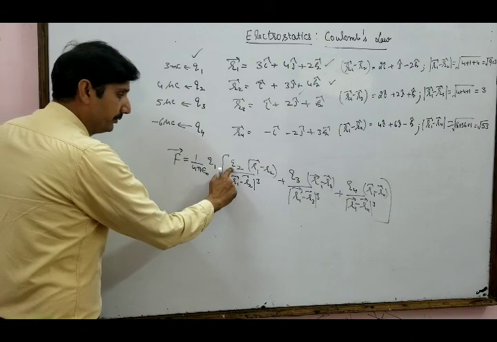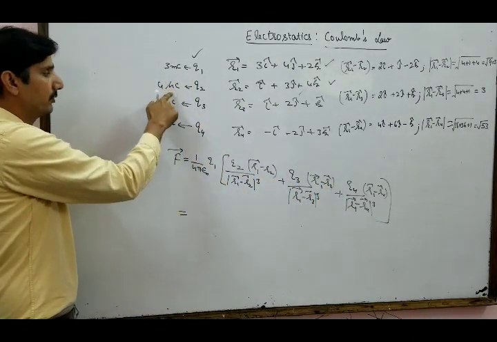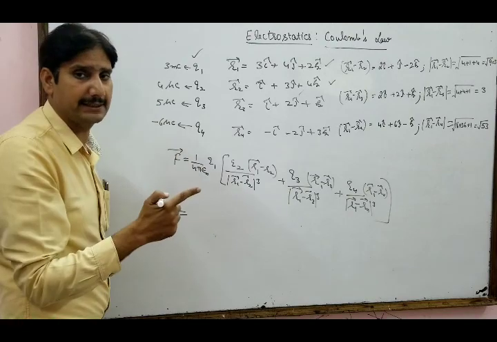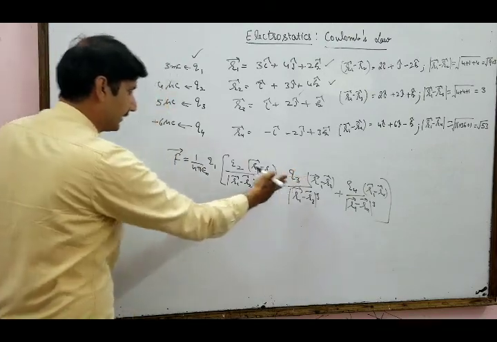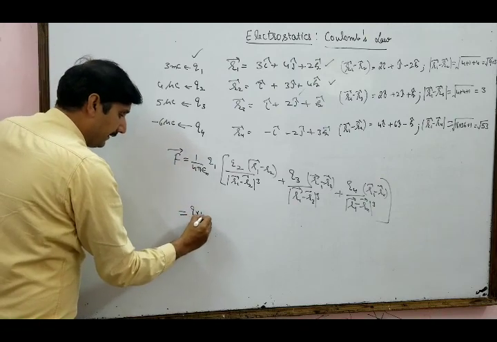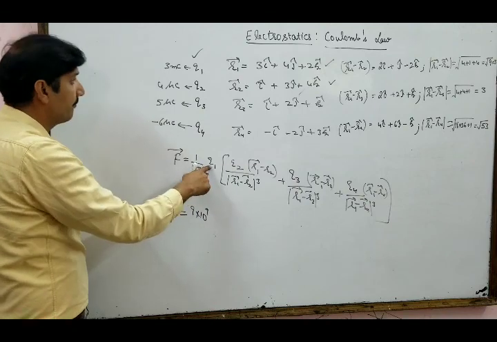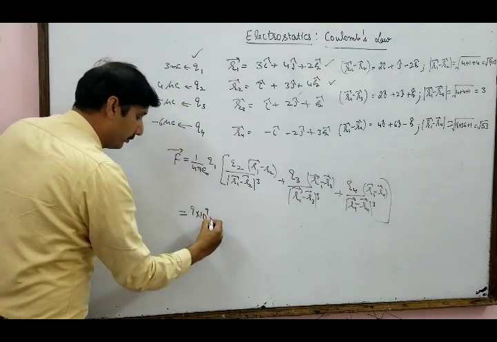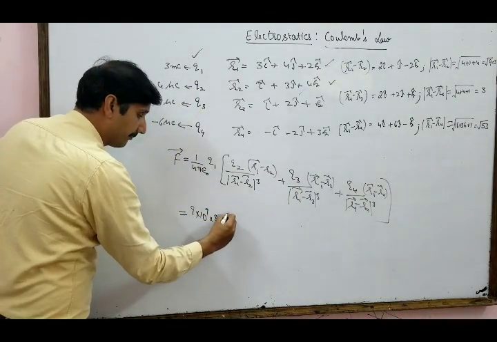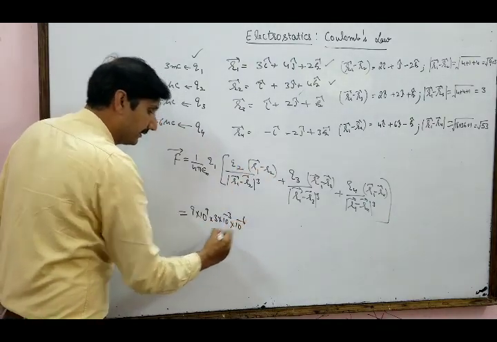Now, in Q2, Q3 and Q4, I'll have microcoulombs. That means 10 to the power minus 6 factor is present over there. That 10 to the power minus 6 factor I am taking out common. 1 over 4 pi epsilon is 9 into 10 to the power 9. Q1 is 3 millicoulomb, 3 into 10 to the power minus 3, and that 10 to the power minus 6 factor is coming out of the bracket.